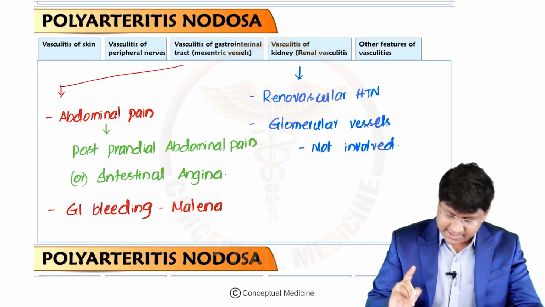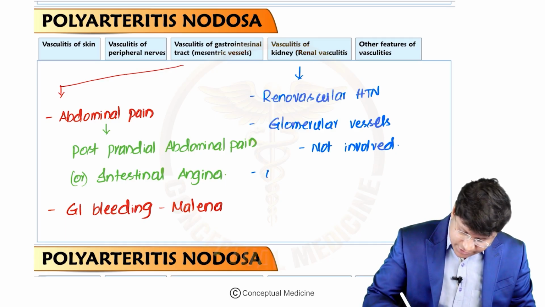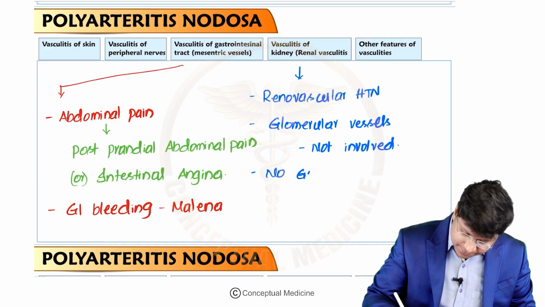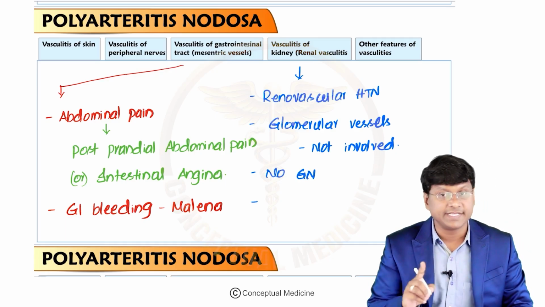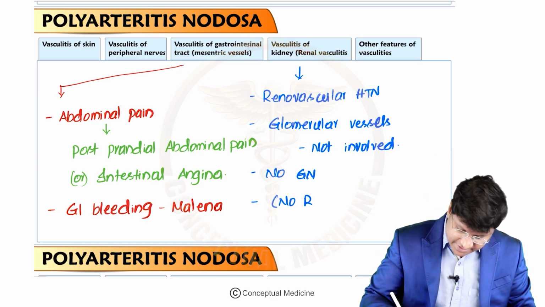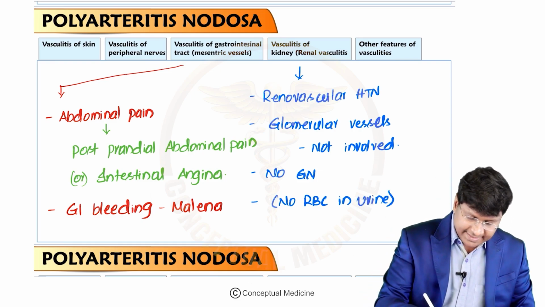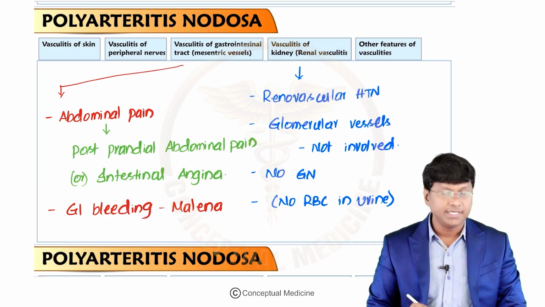That is the reason why there is no glomerulonephritis, and there is no RBC in the urine.